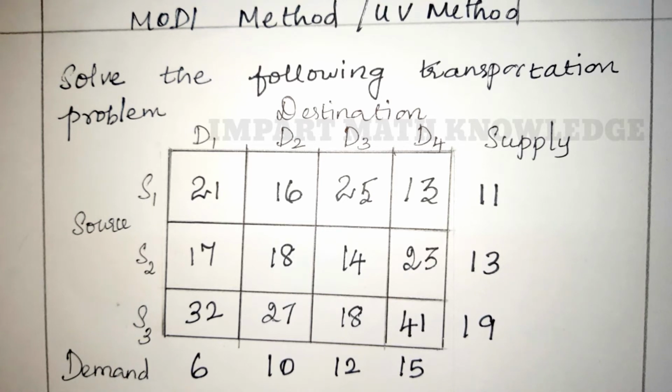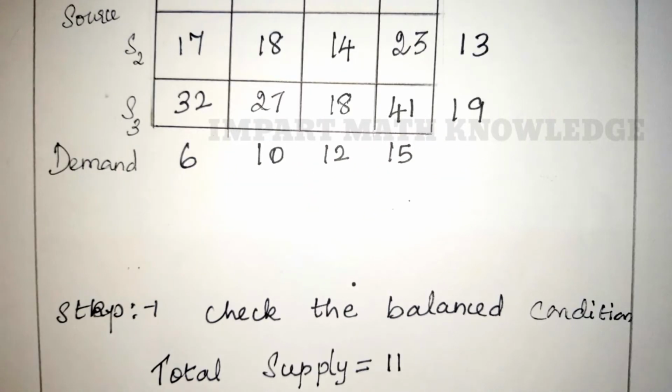Here, total supply is equal to 11 plus 13 plus 19. If you add this, you will get 43. Similarly, you have to find total demand.